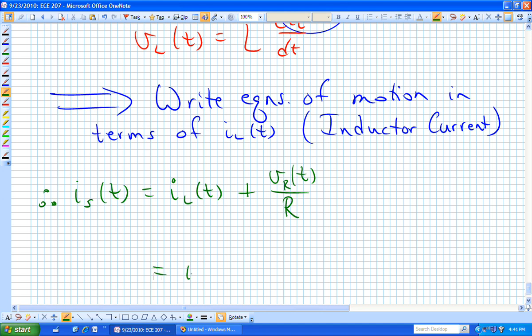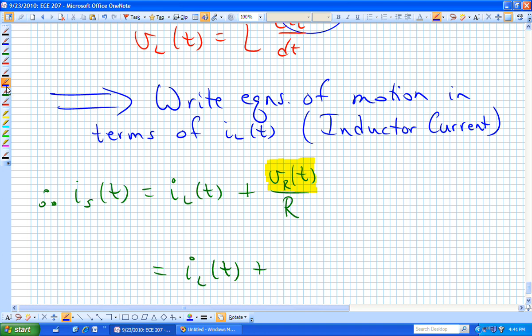Meaning we can now rewrite this V sub R. You know what, I just kind of want to play with color. I'm reverting back many years and coloring in the afternoon.